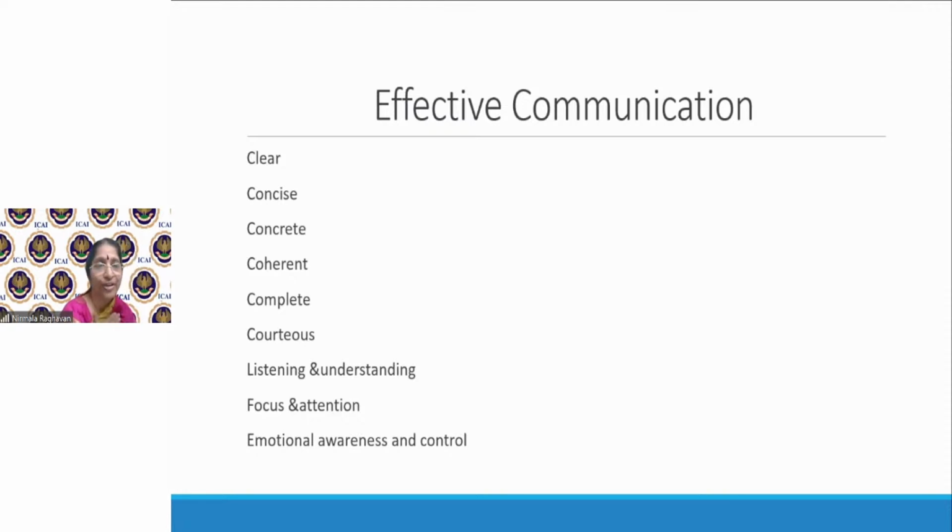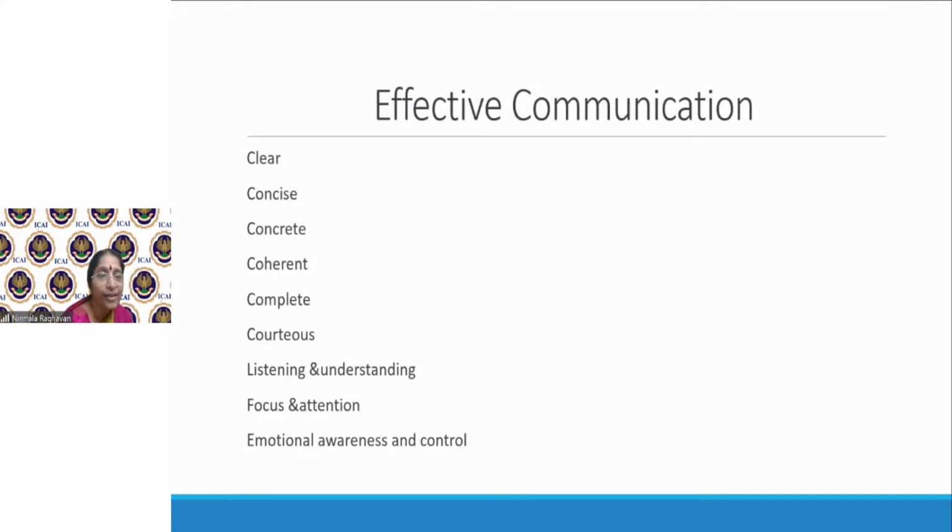Instead of waiting for each of the adjectives, this slide tells you the effective traits of good communication. Clear, concise, concrete, coherent, complete, courteous, listening and understanding, focus and attention, emotional awareness and control. Clear, you understand. Concise is being very brief, short. Concrete is complete. Am I doing the right things? That will help your exam.